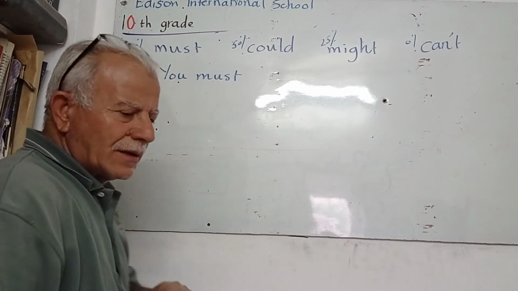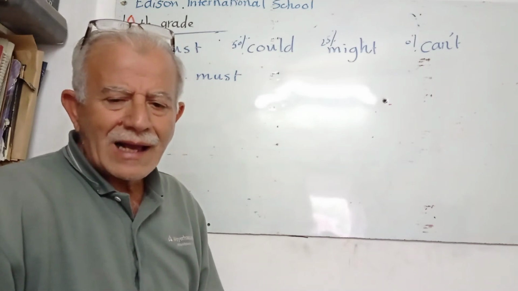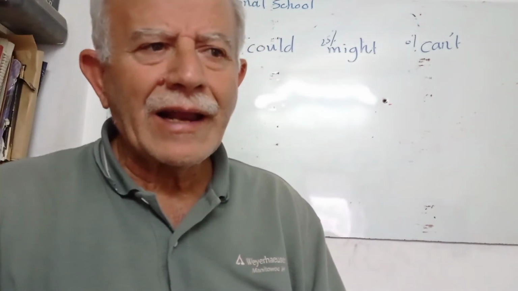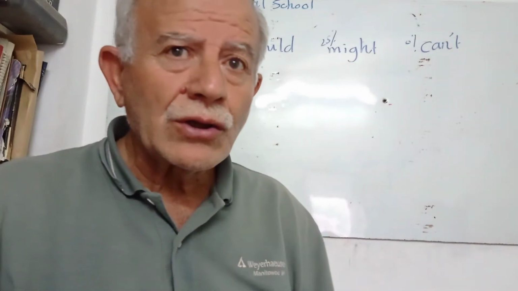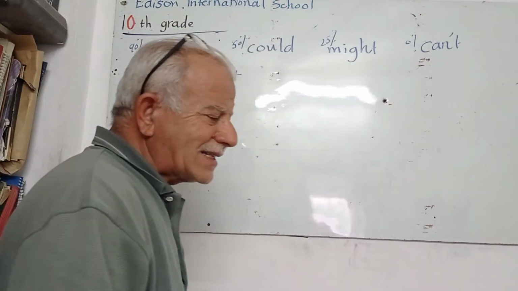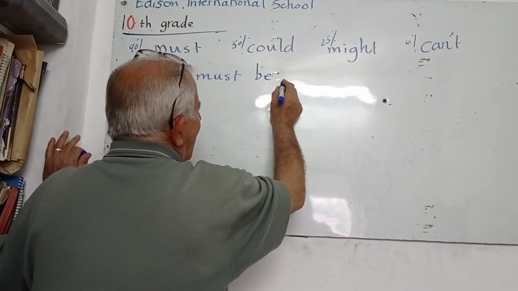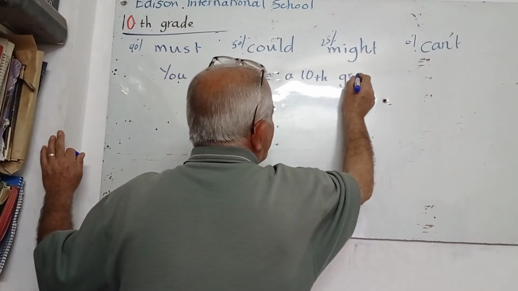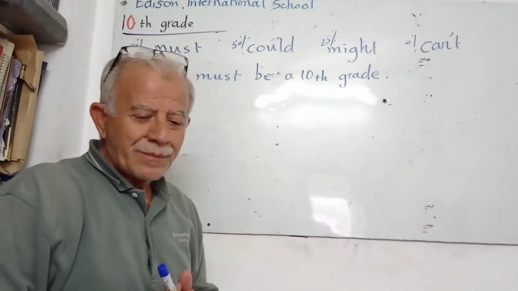Now if I met a student in 10th grade and I ask him, what's the last lesson you have read in English? Now this person is from another school and I don't know him. He said, Treasures of the Earth. I will directly say, you must be a 10th grade student. You must be a 10th grade student.